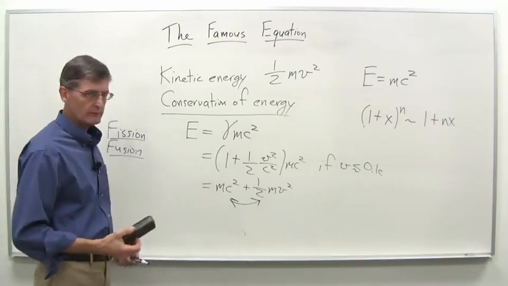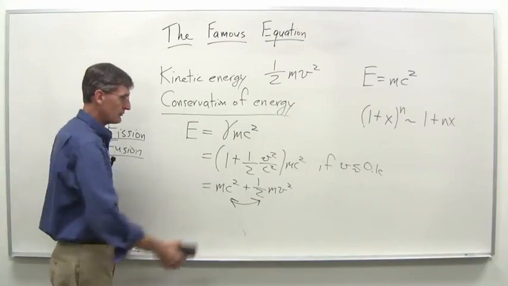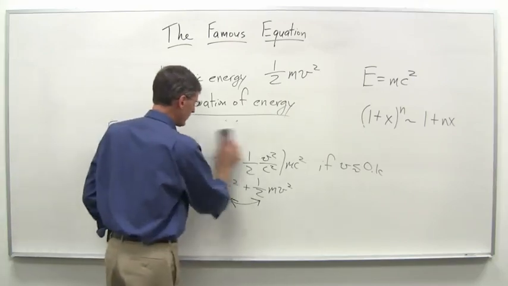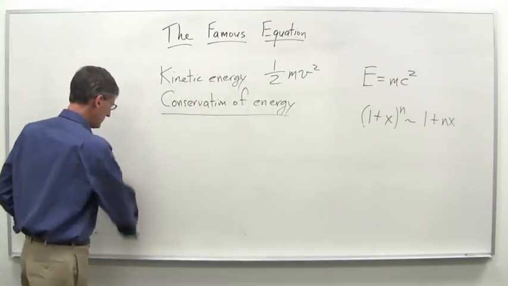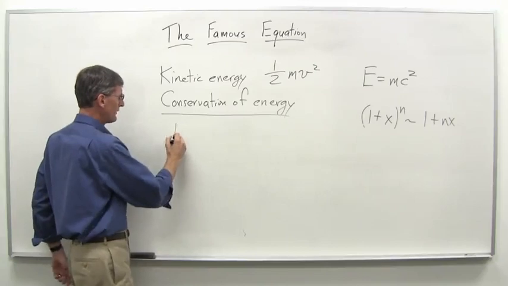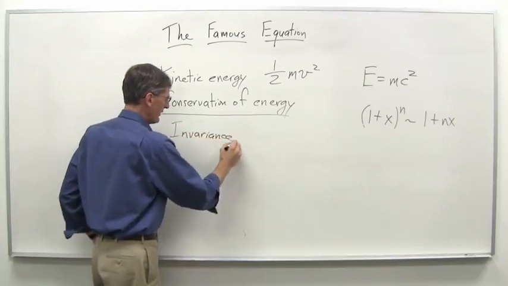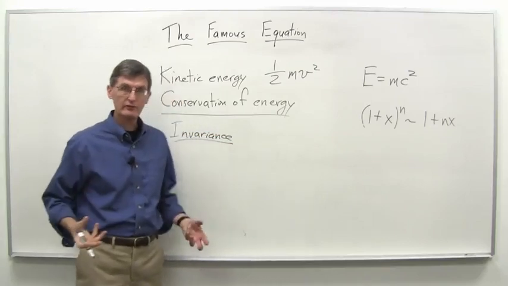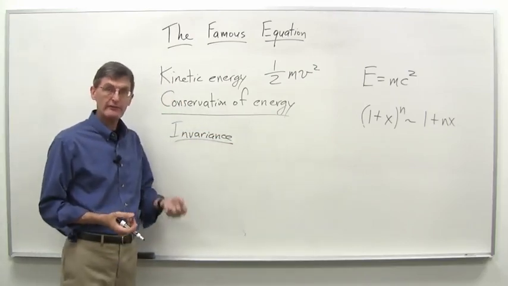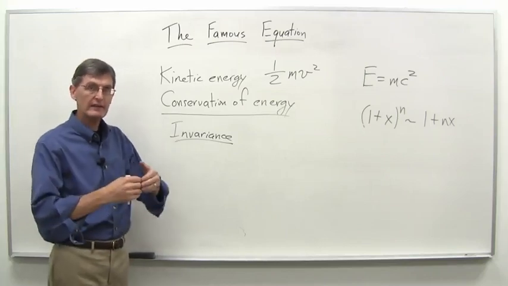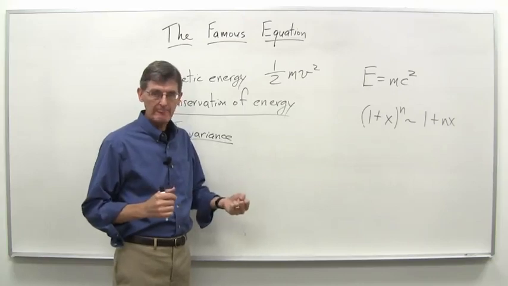One other point to make here about E equals mc squared, gamma mc squared, and the like, is that we've talked before about invariance and the fact that really a better name for perhaps the special theory of relativity would be not the theory of relativity, but the theory of invariance, because one of the key invariant quantities is the speed of light.